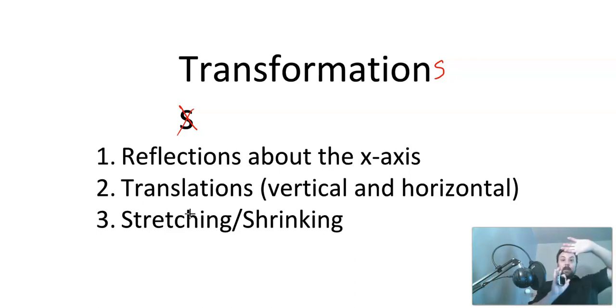That's often something that you can do with images on a PC or a Mac. You can also move the image. So imagine that you're typing up something on Microsoft Word. Well, you can take the image on Microsoft Word and flip it over. That's a reflection. Or flip it over this way if we're going about the x-axis. You can move the image to a different spot in the document. That's a translation. That's what we call translations in mathematics.